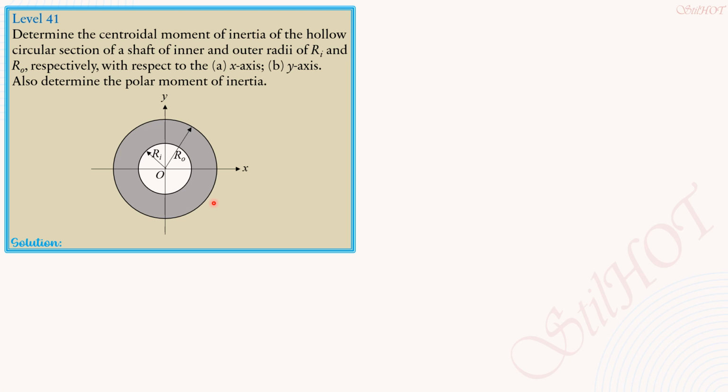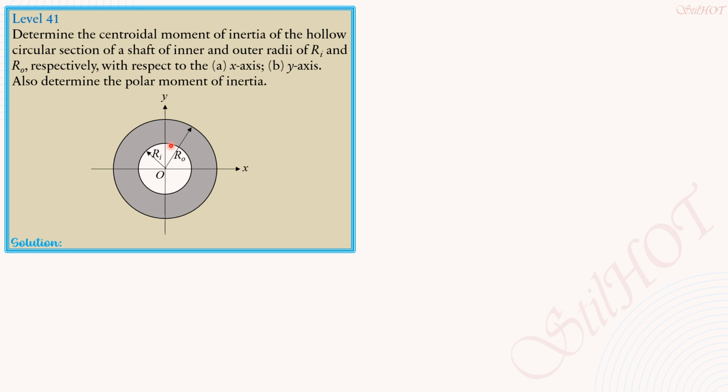So therefore, for this hollow section, the moment of inertia is simply the moment of inertia, let us say with respect to the x-axis or y-axis, of the big circle or outer circle minus the moment of inertia of the inner circle.